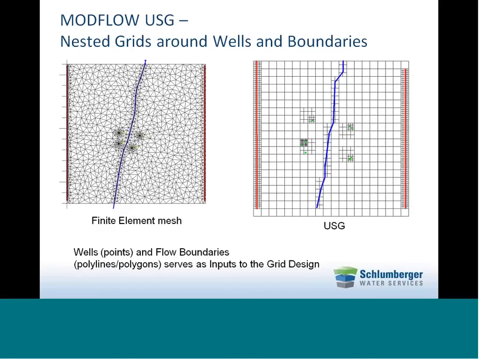So you can automatically refine the mesh around these well locations or the flow boundaries. The approach we'll take with Modflow USG is very similar. You have a set of conceptual objects, so lines that represent your flow boundaries and your well locations, and when you generate an unstructured grid, you can automatically build nested grids around these objects in VModFlex.